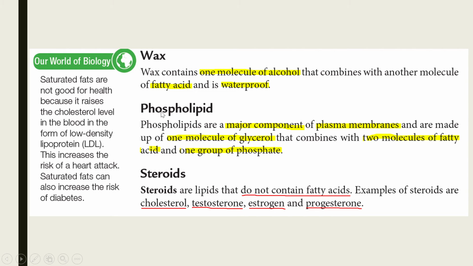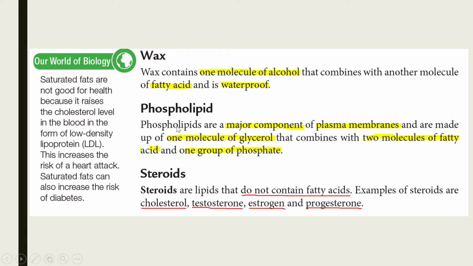For phospholipid, you have heard of this term before, that's the major component of the plasma membrane. When you did chapter 3 previously, you came across the structure of the plasma membrane, and the major component is depicted by the head and the two tails, and that's the phospholipid.